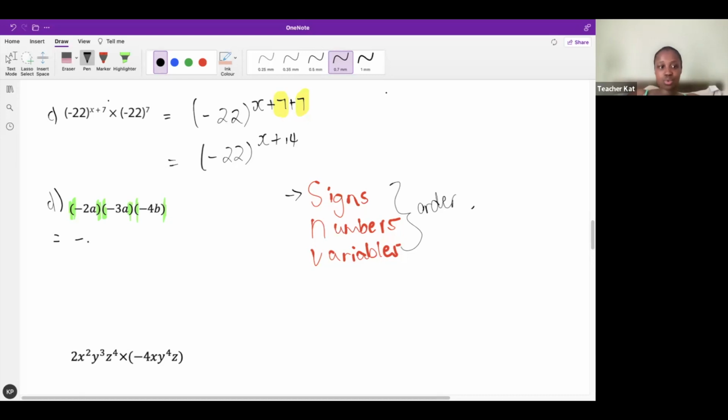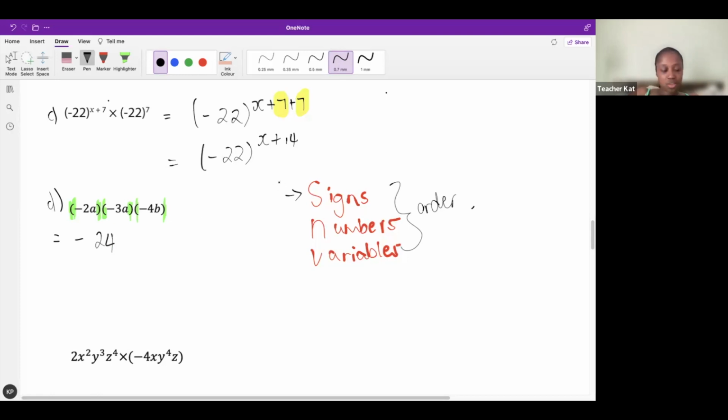Now let's go to numbers. 2 times 3 is 6, times 4 is 24. We've dealt with my numbers and we are done. Now we move on to our variables.